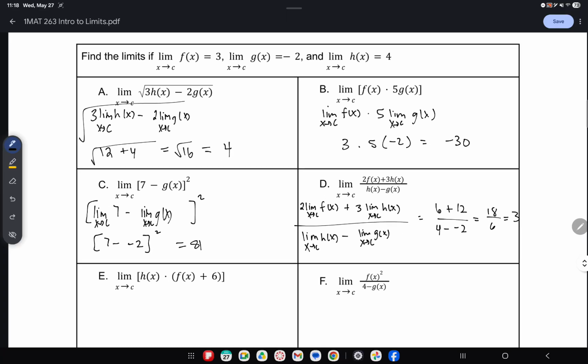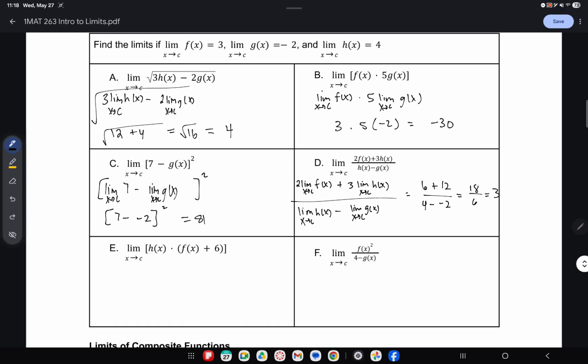All right, let's go for some more. Oh, it's just 2 more before moving to something different. Okay, so we got the limit as x approaches c for h of x times the limit as x approaches c for f of x plus, and really I should do this first because it's in parentheses, the limit as x approaches c for 6.